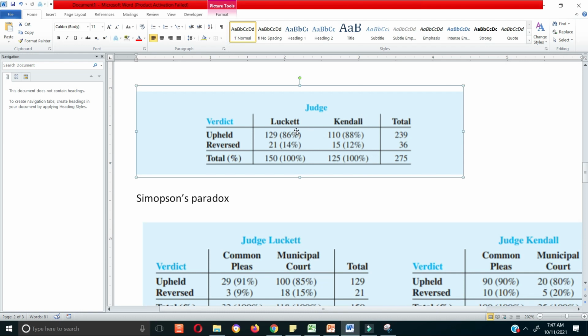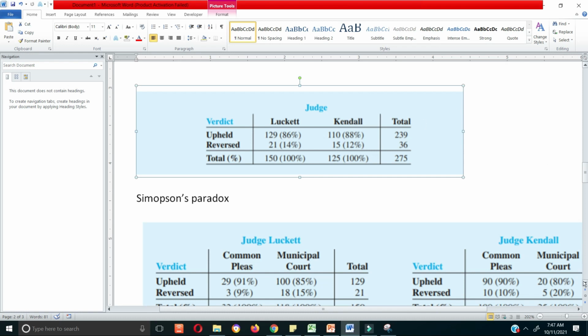If you look at this data, you can see that the appeal success rate for Judge Luckett is actually 14%. That means that his judgments are more frequently reversed at the higher court than Judge Kendall's. Based on this, you can say that Judge Kendall's judgments are more robust and therefore he is a better judge.